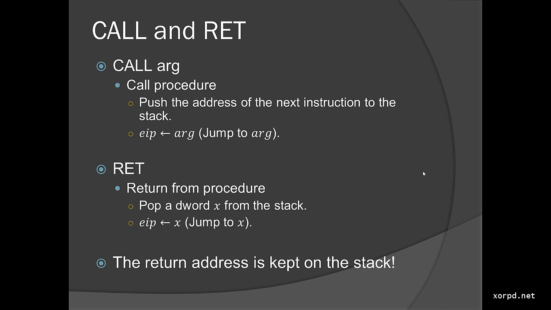So, this is the secret of the Ret instruction. This is the secret of how the Ret knows where to return. It is very simple. The Call kept the return location on the stack. So whenever we get to the Ret instruction, we just pop the return address from the stack and we know where to return.